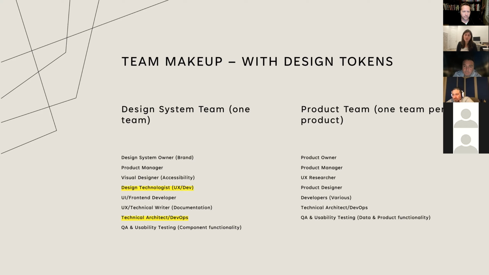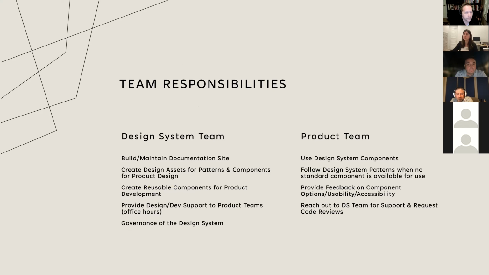You may have multiple visual designers. You may have someone dedicated to support. So someone, a developer dedicated to support and a designer dedicated to support, depending on how many teams are using your design system. So those are other things that may scale with the number of product teams you're supporting, but otherwise there's not that much of a difference, but there is a huge skill learning curve if you are getting into design tokens.